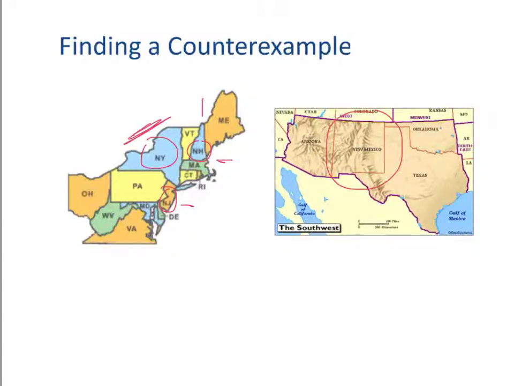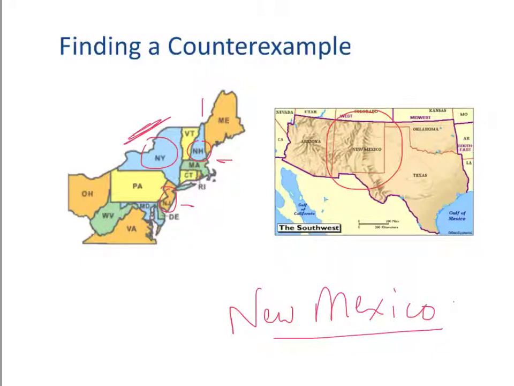So my counterexample of that statement, if a state begins with the word new, then it borders a body of water, is New Mexico, which does not border a body of water. That is a counterexample.